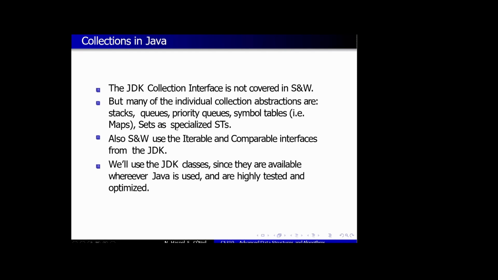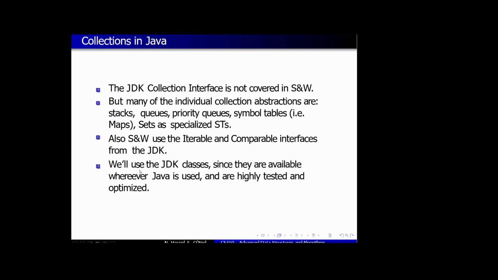Because if you look at the domain of a symbol table, it has to be a set. So you can just take a symbol table and throw away all the values and you have a set. So that's the idea in the book. And of course, we've said that the textbook uses iterable and comparable.